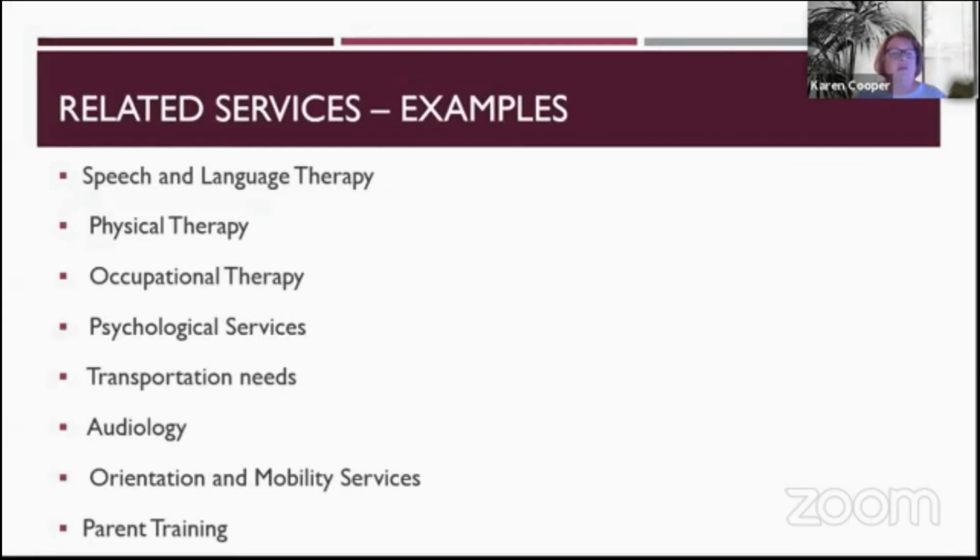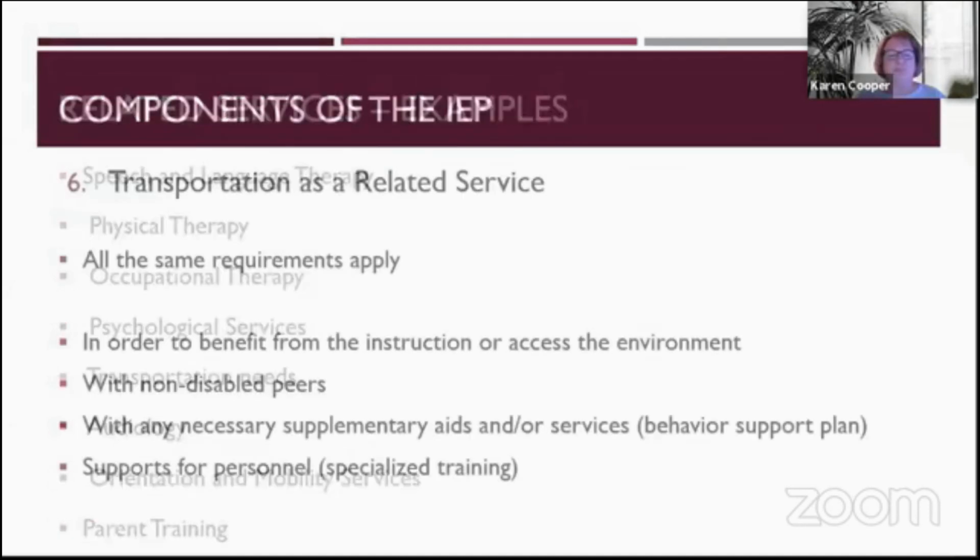And then this is just a list of related service examples. What I want you to know is related services can be anything. This is not an exhaustive list. These are just some examples of related services.